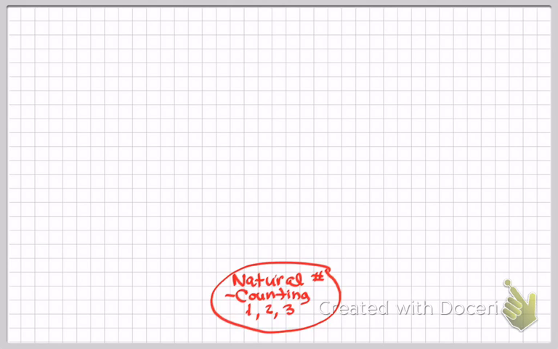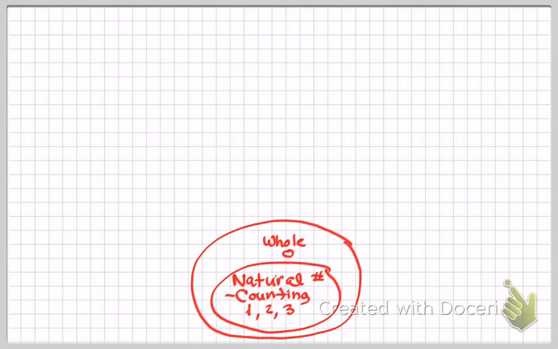Yes, Rand? Our whole numbers. When I make this diagram, everything in the outer ring includes what's inside. So our whole numbers include 0 and 1, 2, 3. That starts about in kinder or first grade.